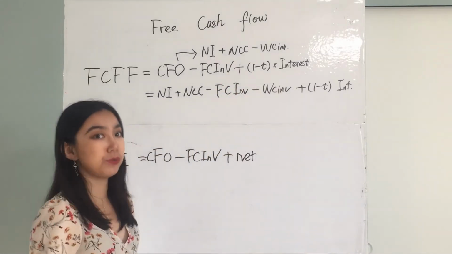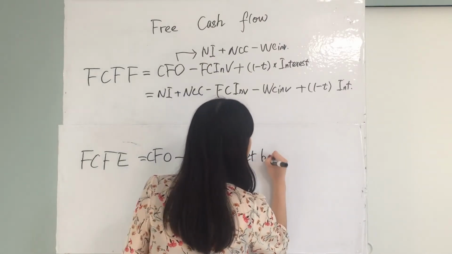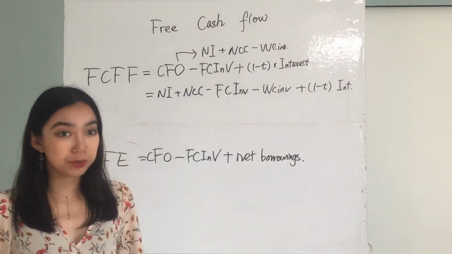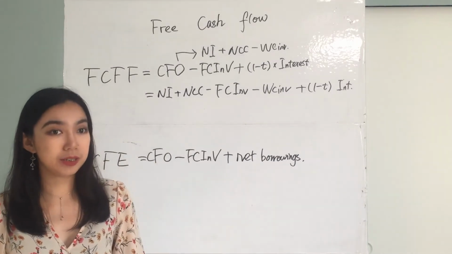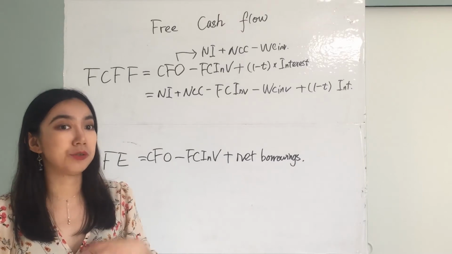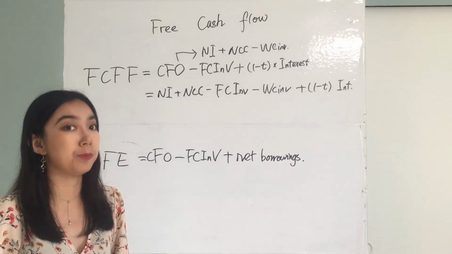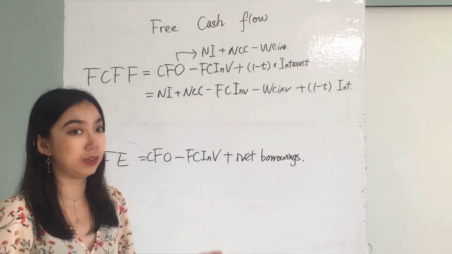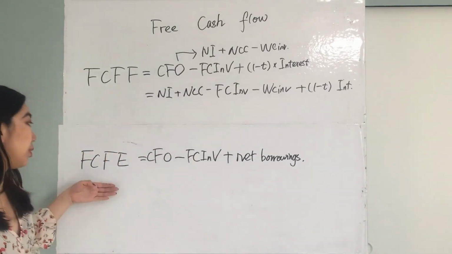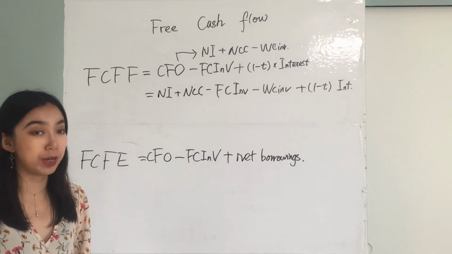But what we need to think about is the net borrowings. You can think about it like the stockholders, the company owners, need to take responsibility for managing all the investment from bonds. So this is the equation for free cash flow to equity.